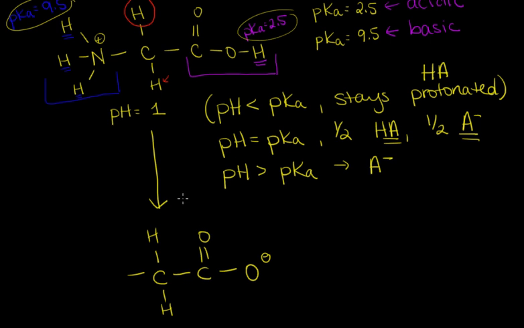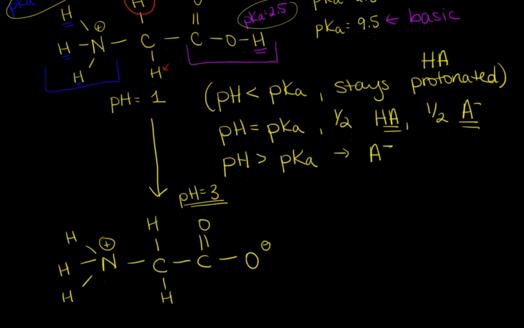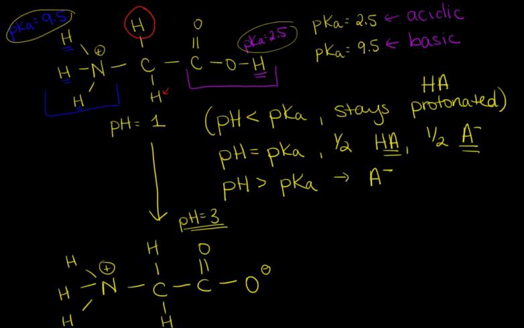So here we are at pH equals 3. The pH for this one is less than the pKa, so it stays protonated exactly the way it is with its positive charge. H, H, H. Okay. And we could draw this again at any pH between 3 and 9.5 and it would still be this species.